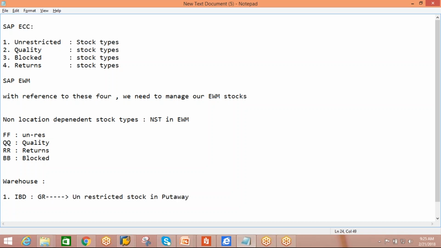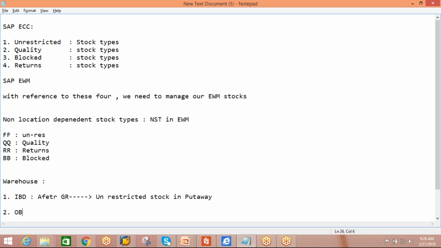Once after GR, I want to manage my stock, unrestricted stock in putaway, in the EWM system.